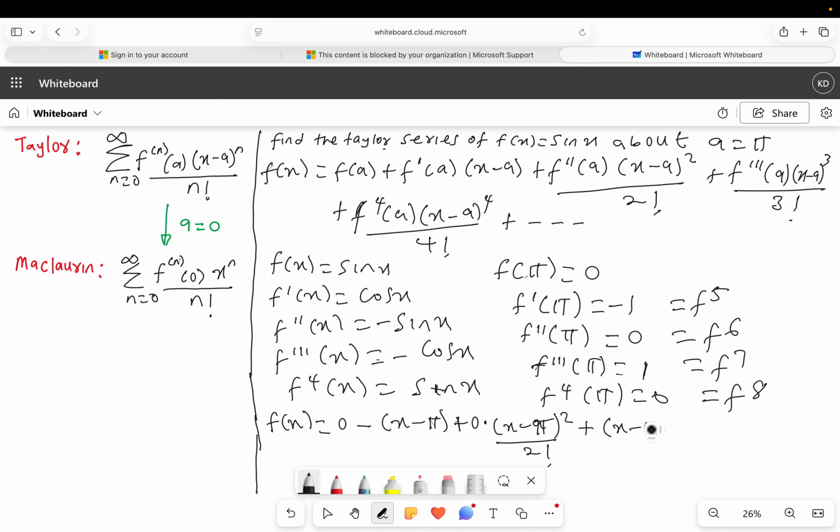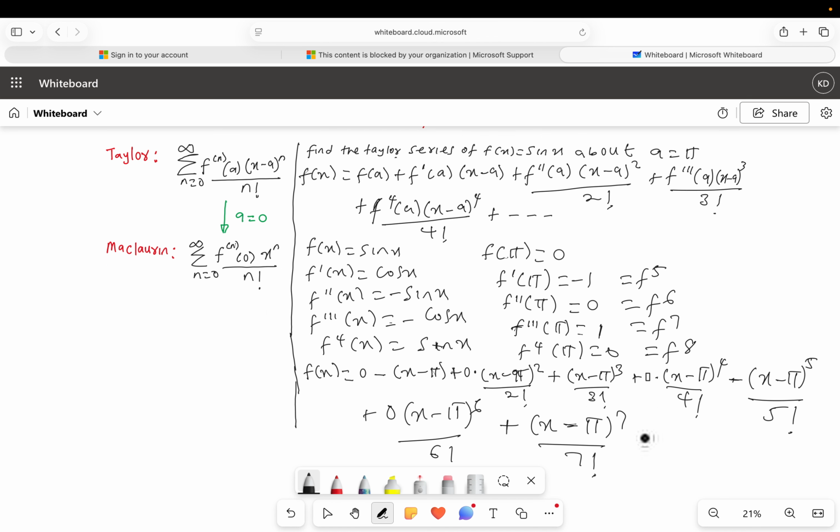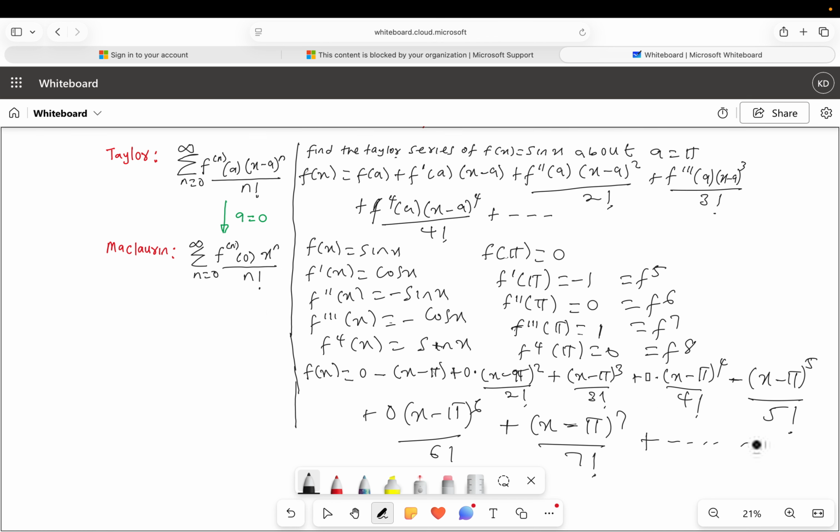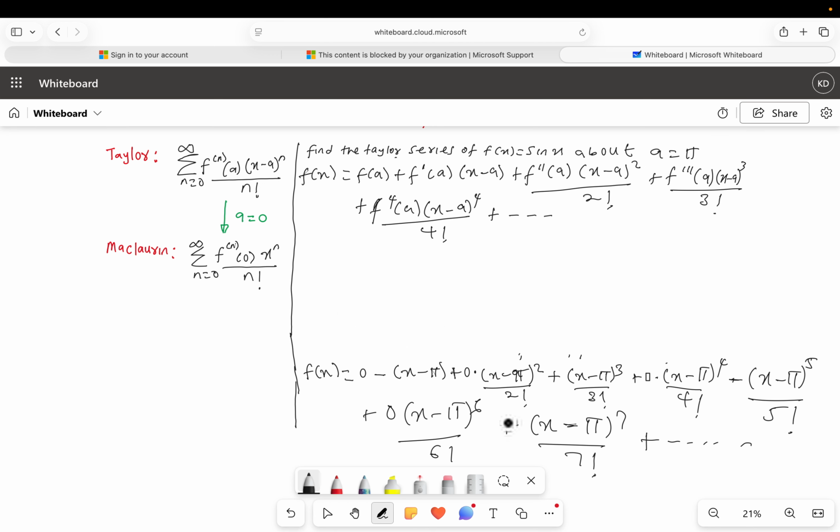Then x minus pi cubed over 3 factorial. Then for the fourth one, I have 0, so plus 0 times x minus pi to the power 4 over 4 factorial. So that is how it will keep on going up to infinity. Now if I reduce this, for all the zeros I will remove them.